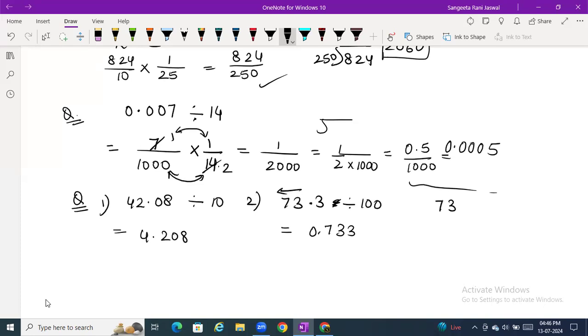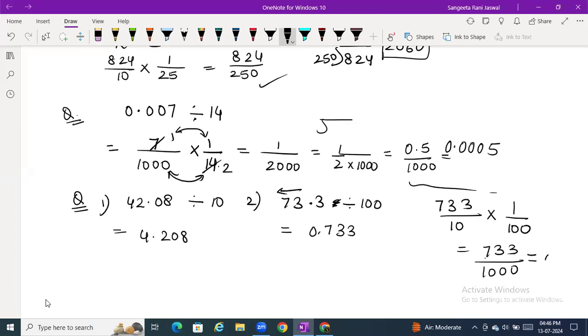How does it go? See, if I'm writing this number in fraction form like this, and then a multiply sign here, and I have the reciprocal of the second number, then what do I get? 733 by 1000. So when I have 1000, I will put my decimal point after 3 digits. 1, 2, 3.